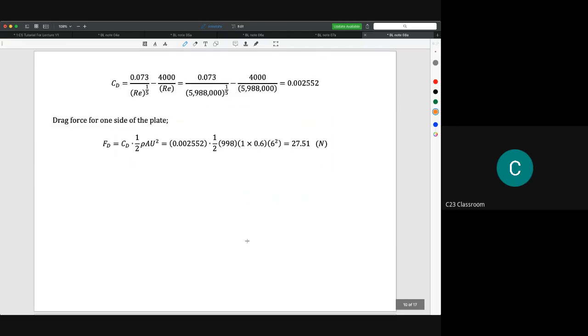If you use this value, please remember the Reynolds number here is actually the total Reynolds number that you calculate for the whole plate, not only for the distance of the turbulent boundary layer. So you get a CD equal to 0.002. We substitute this value into the equation, and you will get around 27.51 newtons.